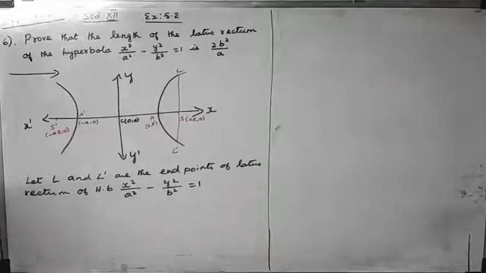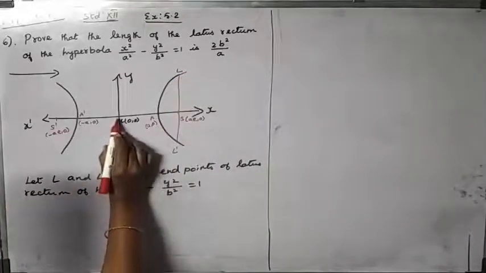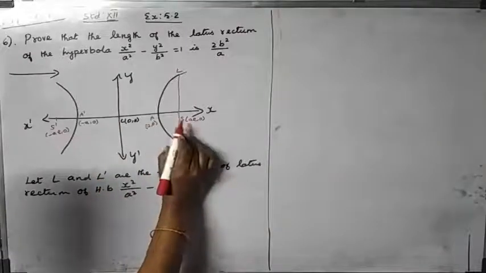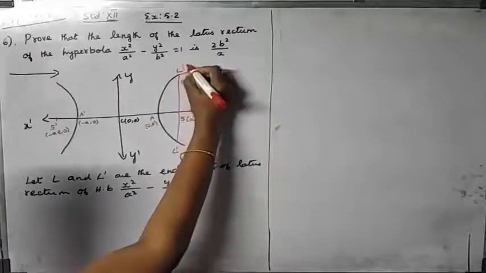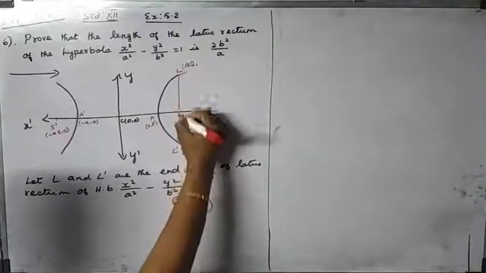Now let me write the point L. What is the distance between C and S? It is ae. So I can write the point as ae comma, and what is the distance between this L and S?